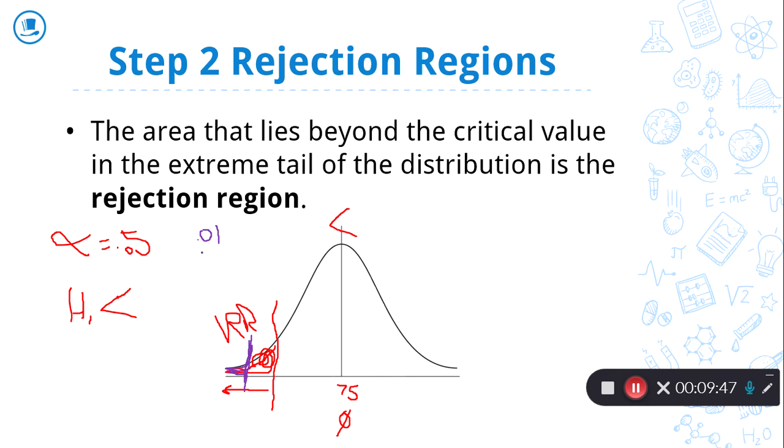When we think of these as proportions, you think of these as areas. So 0.01 is a smaller part of the curve compared to 0.05. But in both cases, the rejection region defines the outcomes, the sample means, the z-scores that are not likely given the null hypothesis. They're not likely if we pretend the null hypothesis is really true.